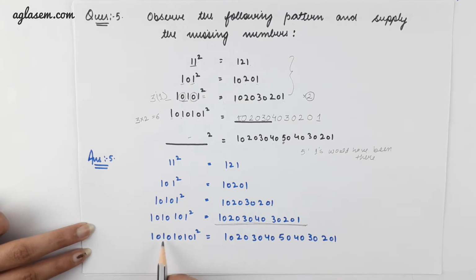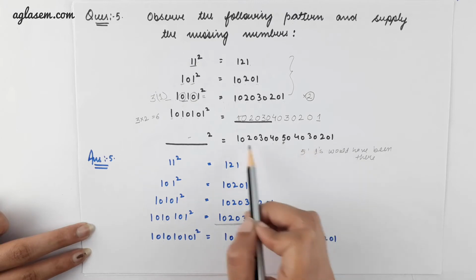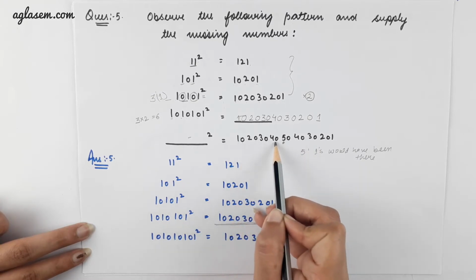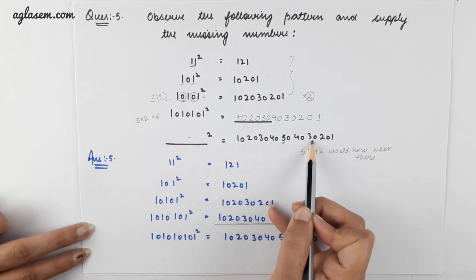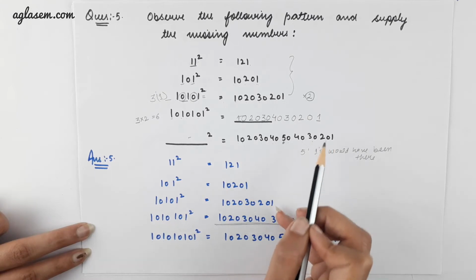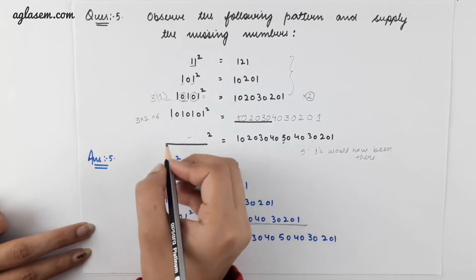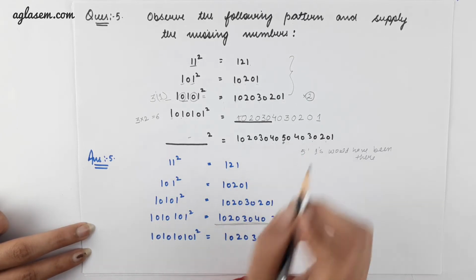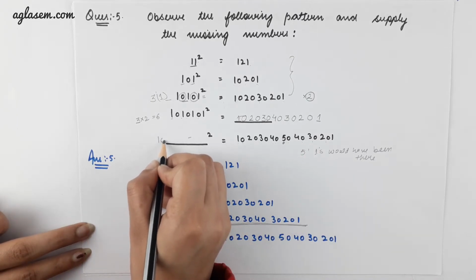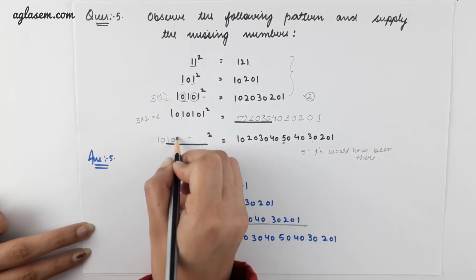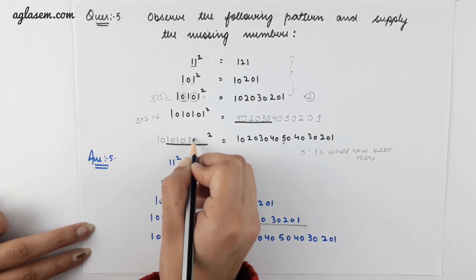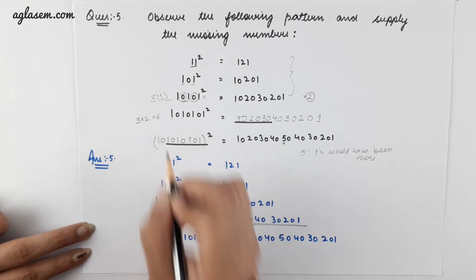Therefore write 1, 1, 1, 1, 1. How many zeros are there? 1, 2, 3, 4, 5, 6, 7, 8. That is 8. So initially how many? 4 zeros. So the square root of the given number is 1, 0, 1, 0, 1, 0, 1, 0, 1.